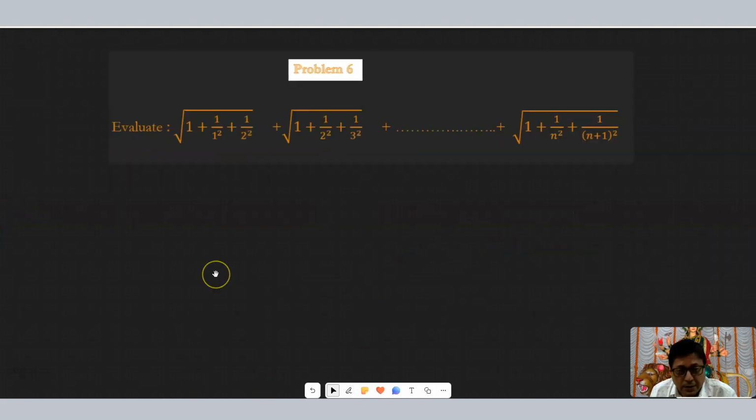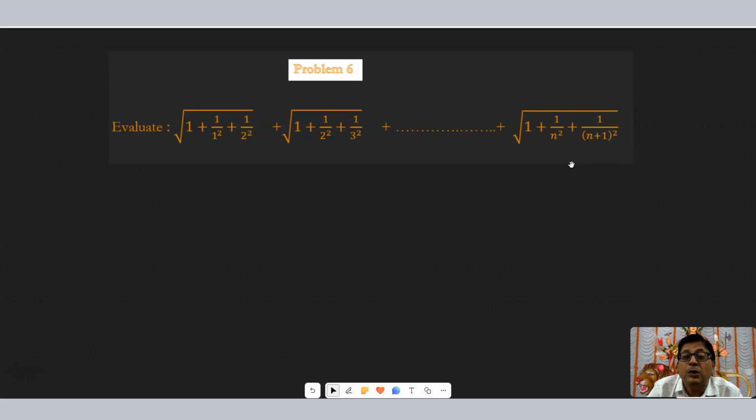Okay? This question is a bit complicated, and the question is linked with one IOQM 2021 question. They have asked till n equal to 1999. But if you know it for n terms, it will be easier to manipulate any number of terms over there.